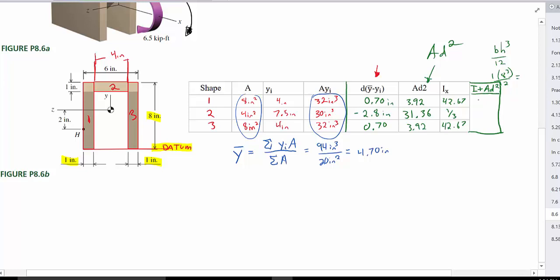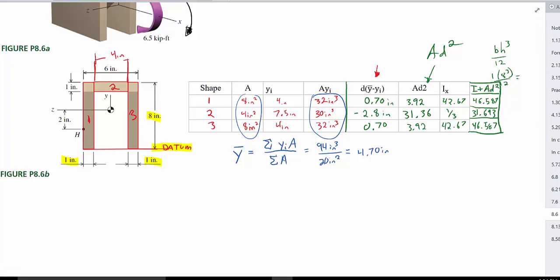So 42.67 plus 3.92 should get 46.587, and then 1/3 plus 31.36, we just get 31.69. Okay, so that's our individual moments of inertia.